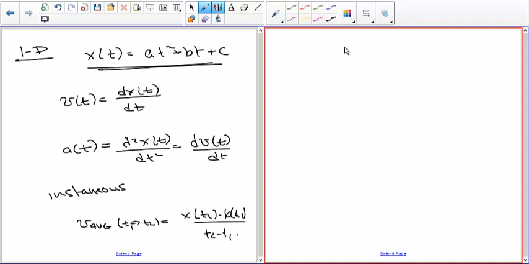The third thing, this is the next thing. Remember, work is equal to the integral of the force vector dotted with the displacement vector. Now, what I'm going to do here is, actually, that's not the one.